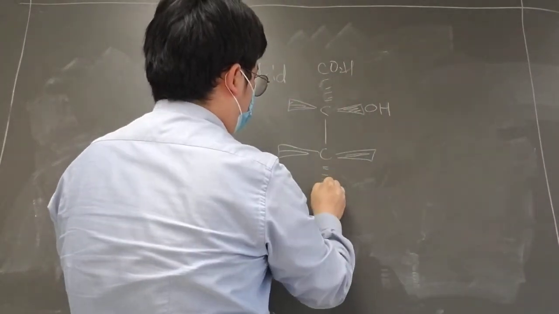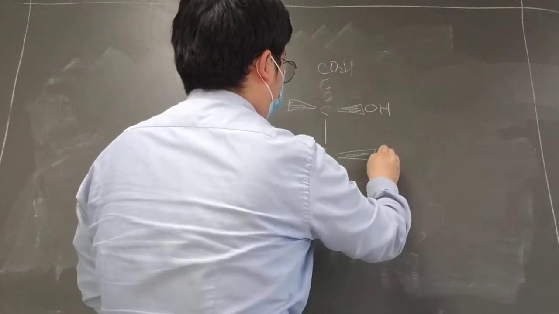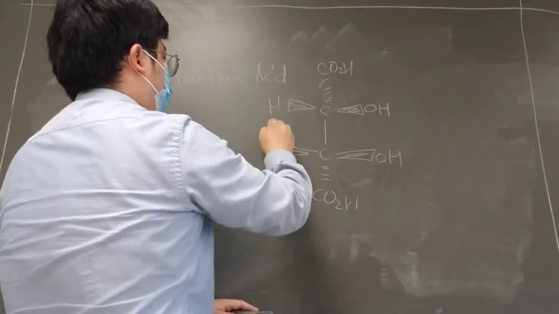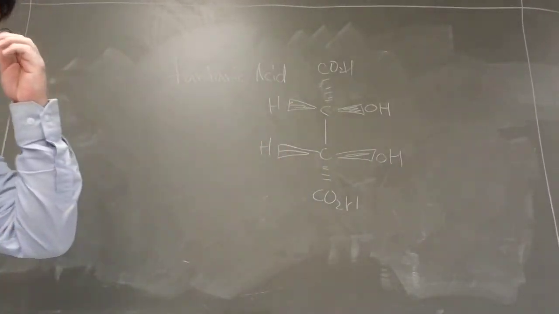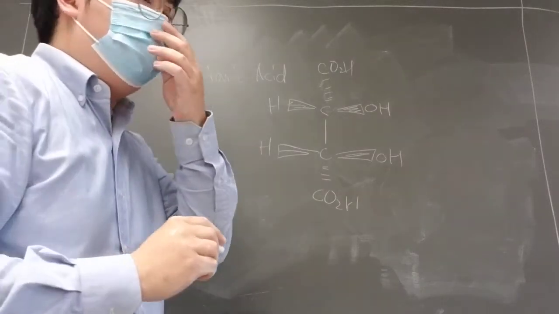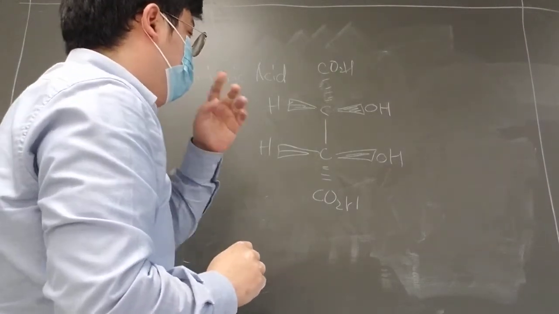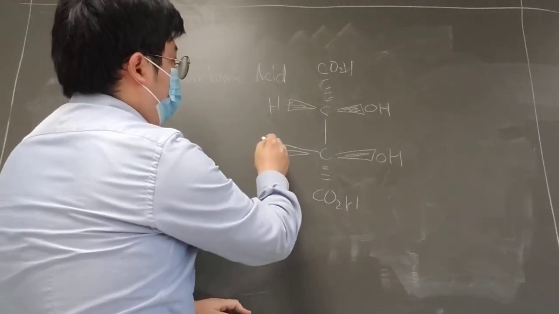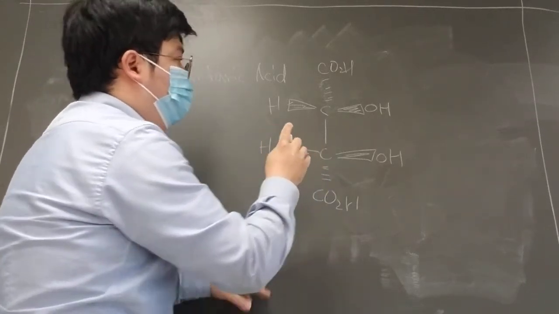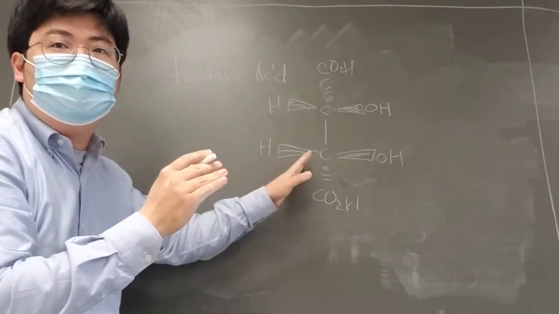My drawing may not be perfect. Sorry. So here's the thing. Maybe we can do this. And one thing you can do is you also see the two chiral centers here, right?